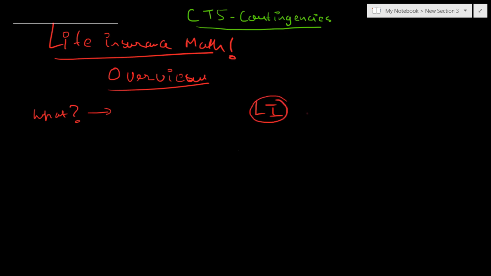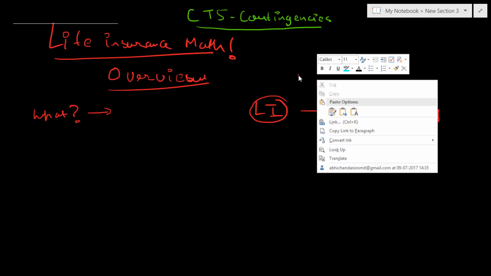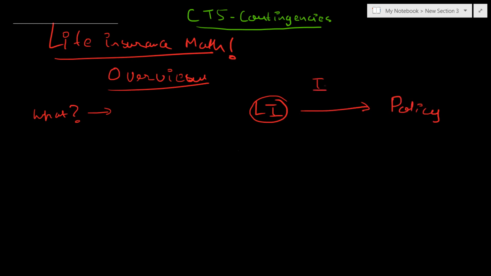Here is a life insurance company, and here are its policy holders. There is an insurance contract, a life insurance contract, taking place between the life insurance company and the policy holder.